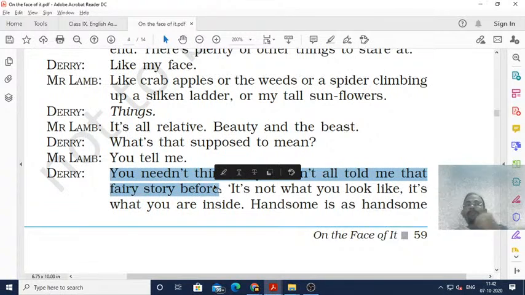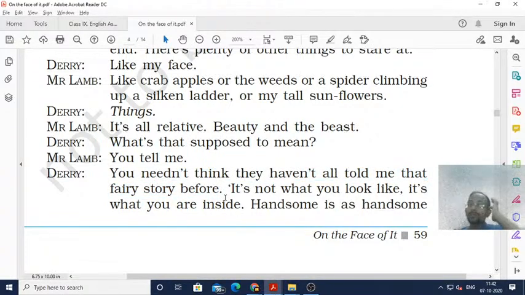Other people also, it seems, wanted to motivate Derry and wanted him to forget his burned face. Therefore they have also come up with philosophical statements which Derry is reproducing here in front of Mr. Lamb. So what are those philosophical statements that people earlier have spoken to Derry with an objective of motivating him?